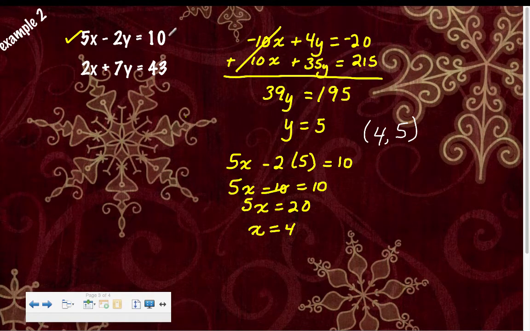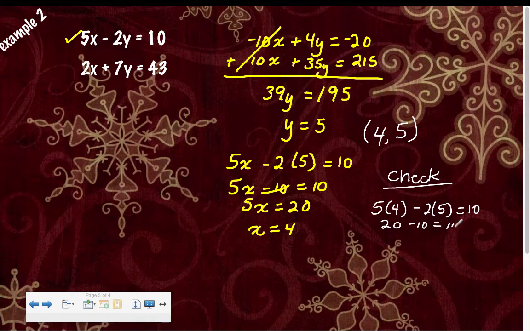Well, I would simply put them back into both equations and check. Make sure they're right. I'll do a formal check over here now. Formal check is where I write it all out. 5 times 4 minus 2 times 5 better get me 10. 20 minus 10 gets me 10. Yep.